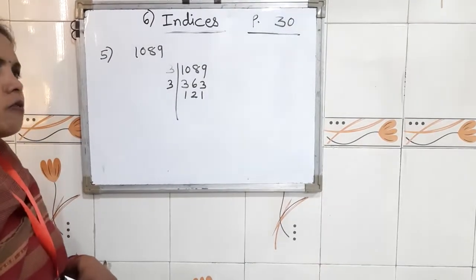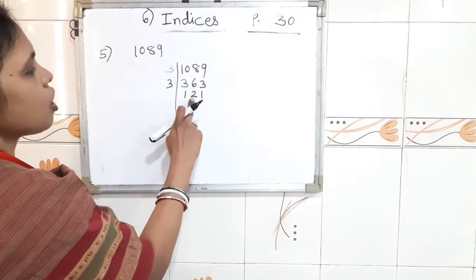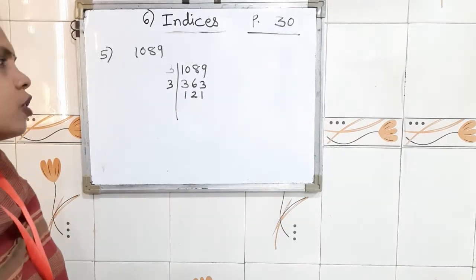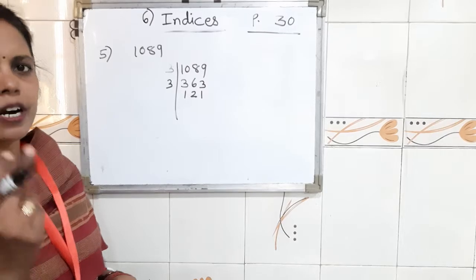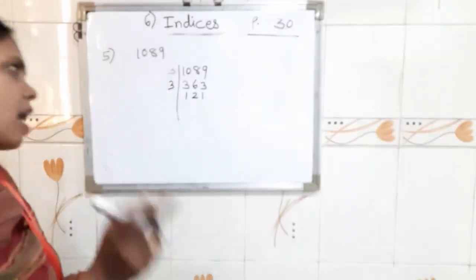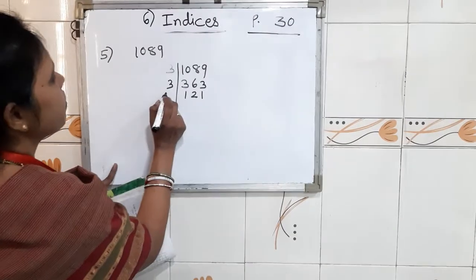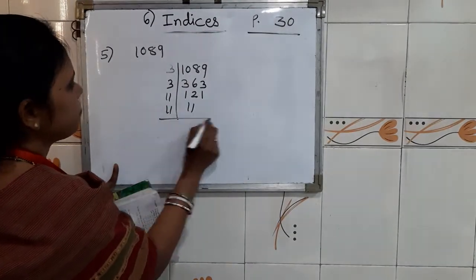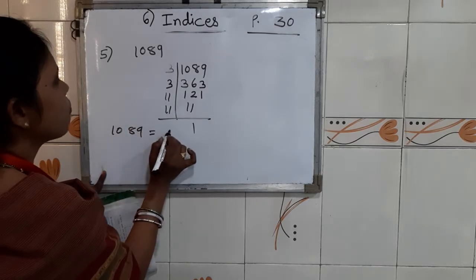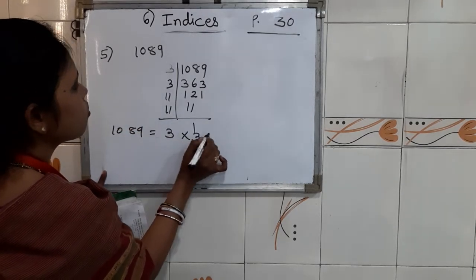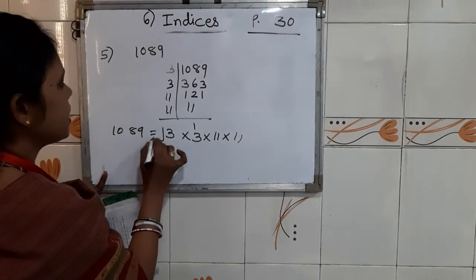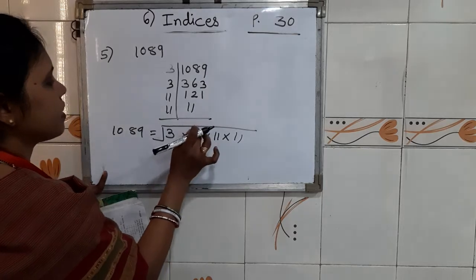Now children, if you add the digits of 121, you will get 4. 4 is not in the table of 3, but if you recall, 121 is the square of 11, then we can write directly. So for 1089 we got the factors 3 into 3, 11 into 11. It is in square root bracket.